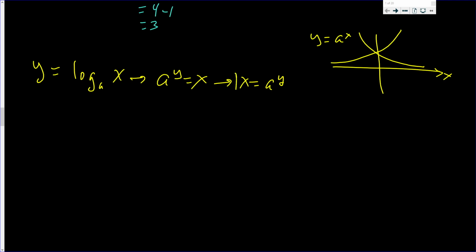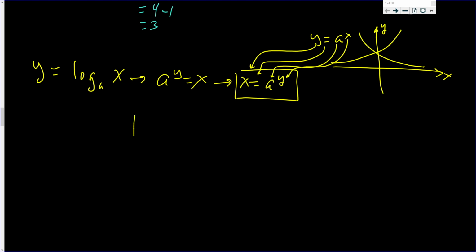X and y just interchange roles. Instead of y, we have x. A is a. X became y. So it makes sense that instead of getting closer and closer to the x-axis, now we're going to get closer and closer to the y-axis.